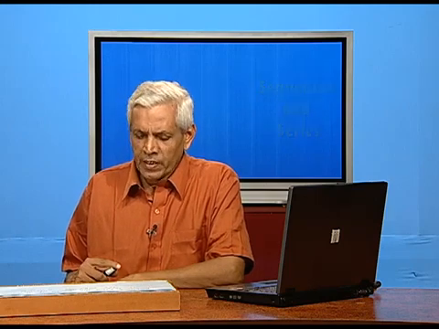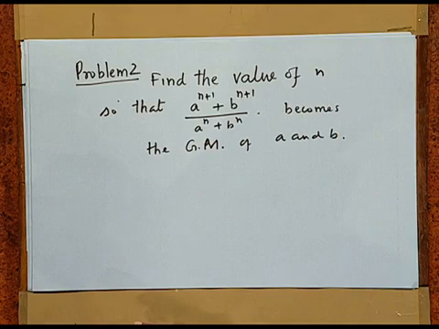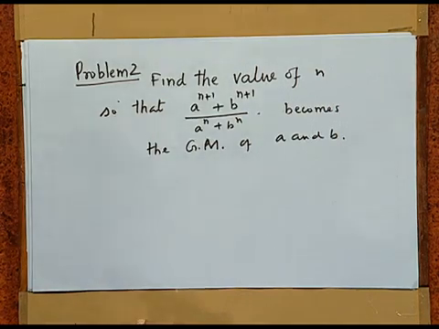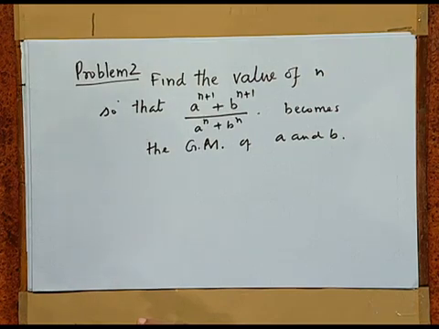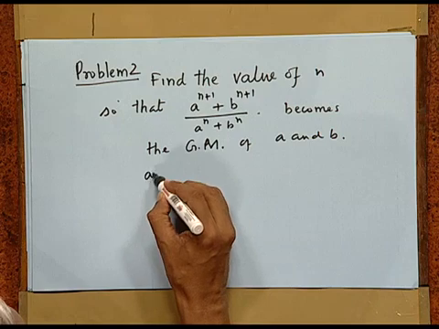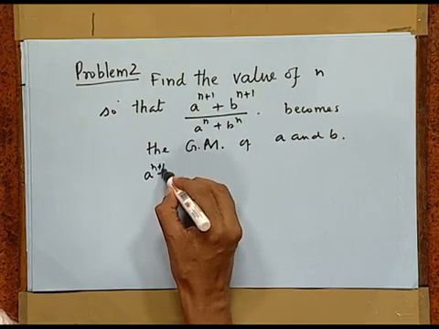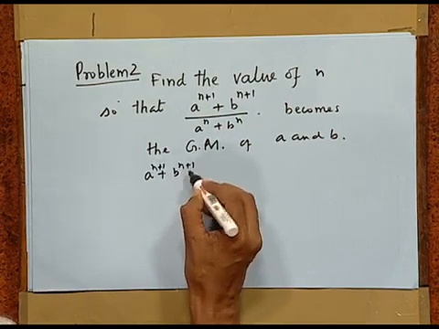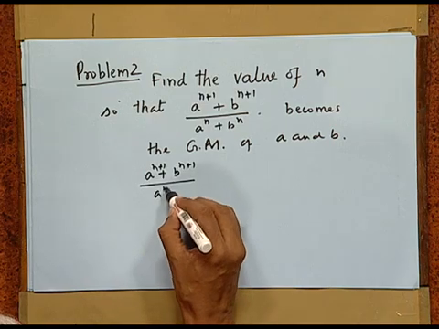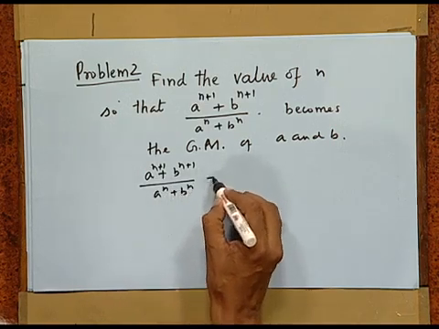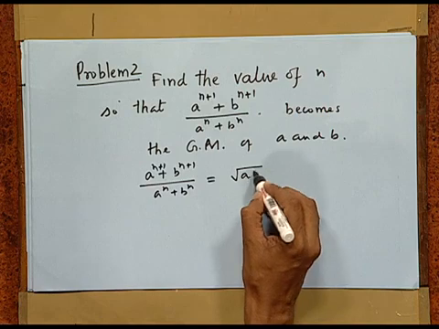Find the value of n so that (a power n plus 1 plus b power n plus 1) upon (a power n plus b power n) becomes the GM of a and b. Here we are given that (a power n plus 1 plus b power n plus 1) upon (a power n plus b power n) is equal to root ab.